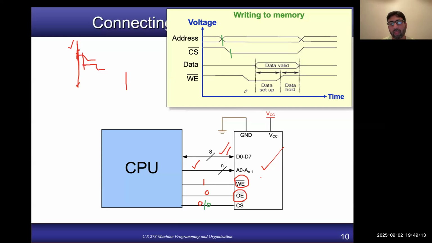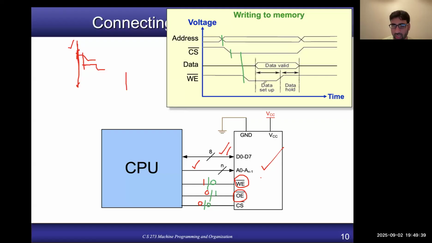And then, also after some time after setting the chip select signal, you need to make the write enable 0, so that you can tell your memory chip that we are going to write the data. And once you have applied all the correct values for the signals, it takes some time, after which your data becomes available.